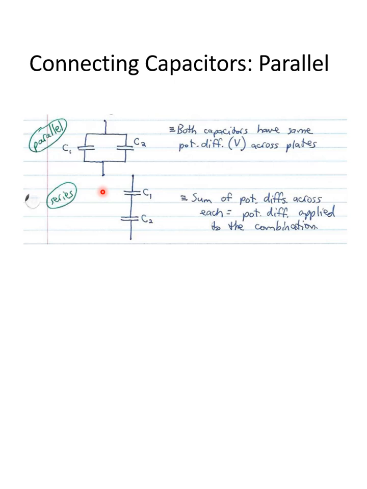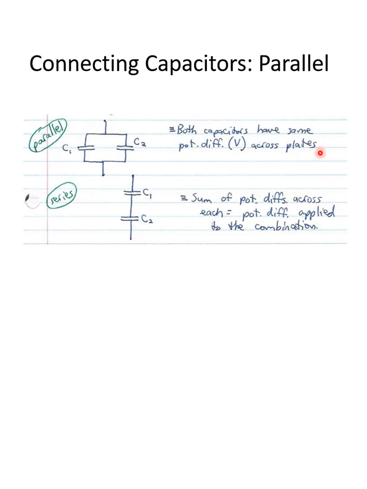Whereas if they're in series, again think about water pipes, all of the water that goes through the pipe goes through the first one, and it also goes through the second one. Well, more precisely defined, with parallel capacitors, both capacitors have the same potential difference, V, across the plates.